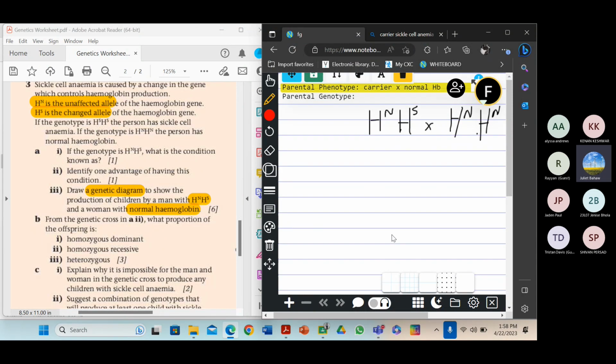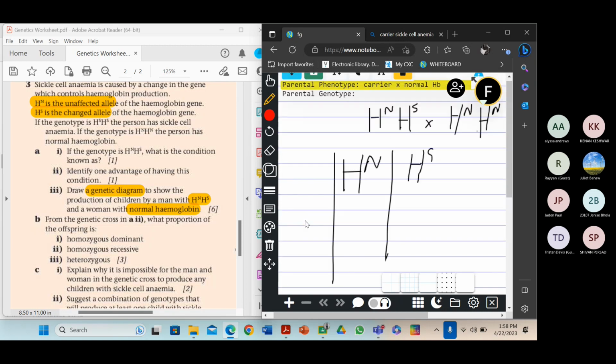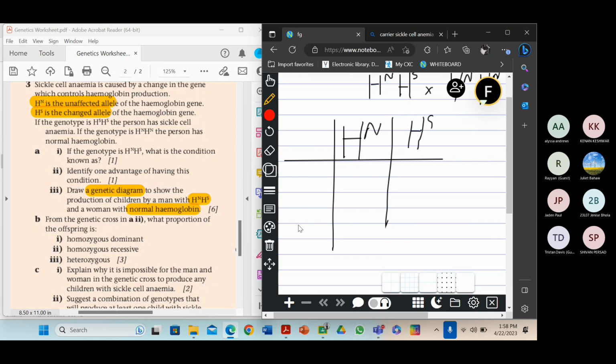Right, so now we have our Punnett square to draw. No, we are not concerned with where the male is placed, where the female is placed.